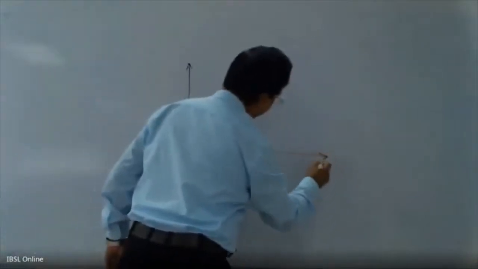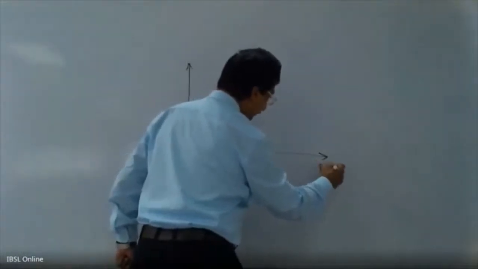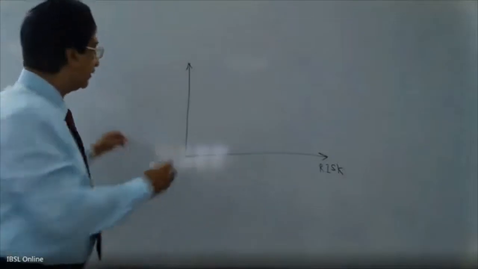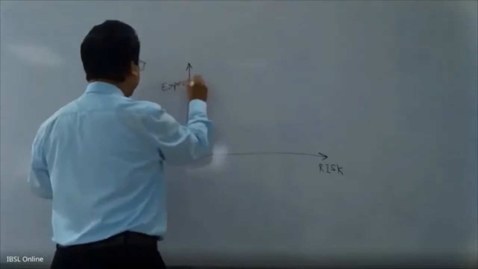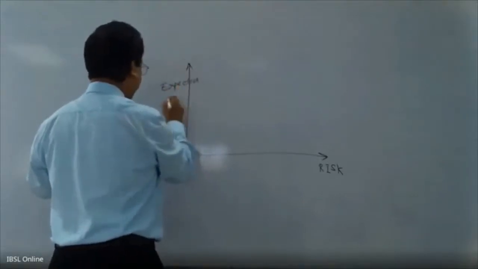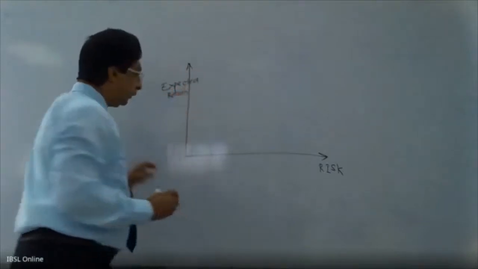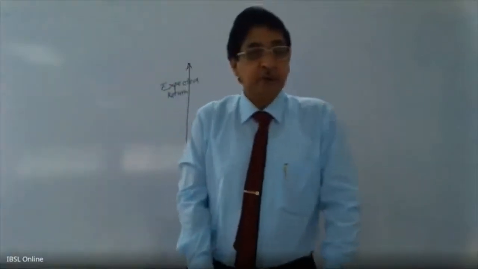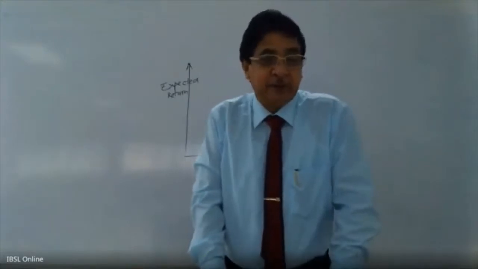Now this is the way we did it. Along the horizontal axis, we symbolize risk. Then we have expected return along the vertical axis. Now the portfolios can be represented through their expected returns and risk, because those values we have already obtained for different portfolios.